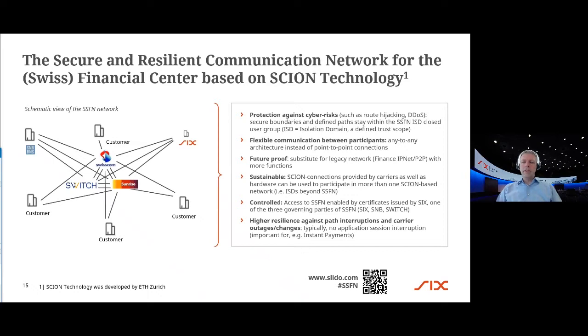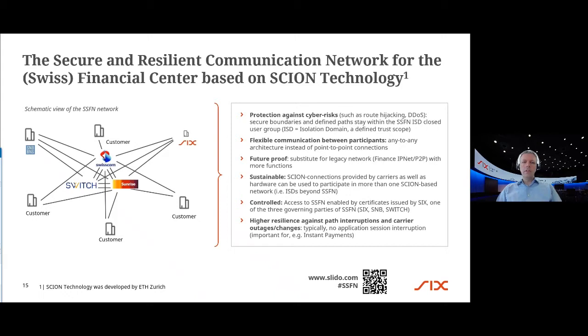We have a higher resilience against path interruptions, as we will see later on. We have here a network which offers seamless failover, even between the telco providers and also the various links that go from the participants to the telco providers.